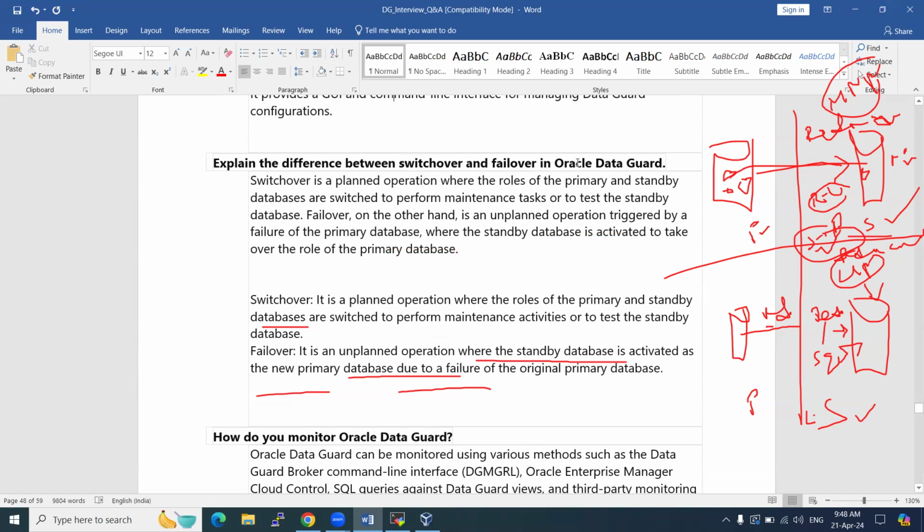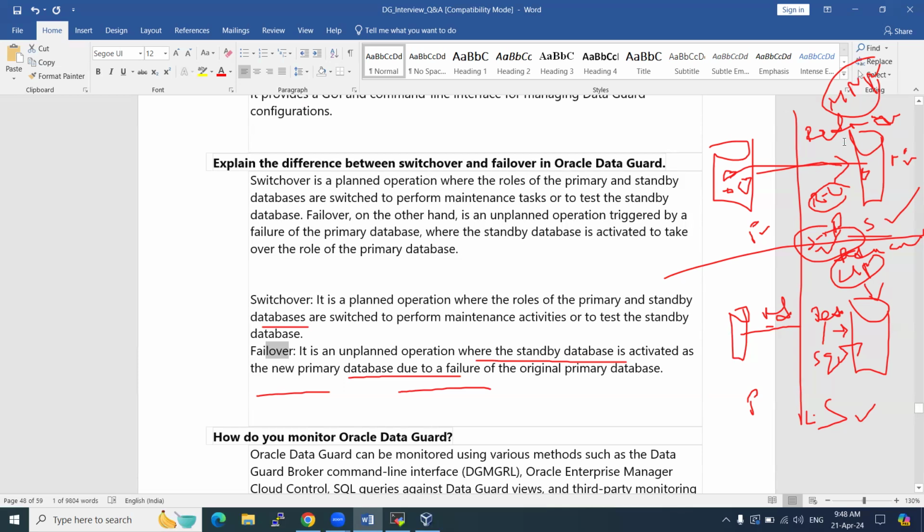Difference between switchover and failover activities. I think we went through it in our previous video, but here I can elaborate more. Switchover is a planned activity and failover is an unplanned activity. Simple. If I want to intentionally switch over my primary, to test it, suppose my production is down, how will my standby act? How can I provide the standby as a primary to my business?